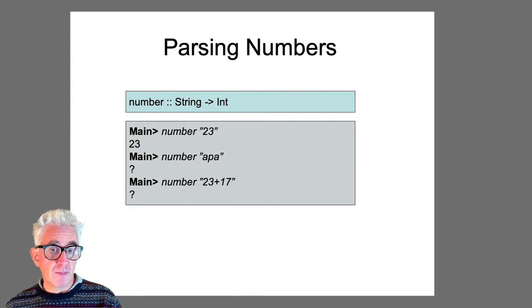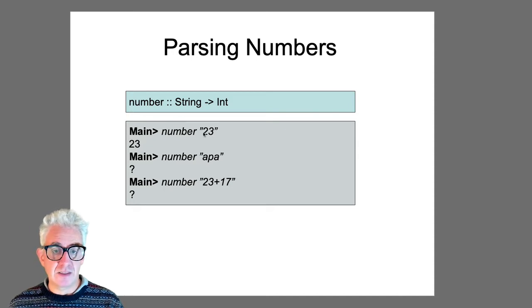So, for example, if we want to parse numbers, we might think that we would like a function from strings to Int, so that if we take a string containing a couple of numerical characters, digit characters I should say, then the number parser, we would hope, converts it to 23. But what should happen when we apply this parser to something which is not a representation of a number, or maybe more interestingly, something which starts with a number and continues with something else?